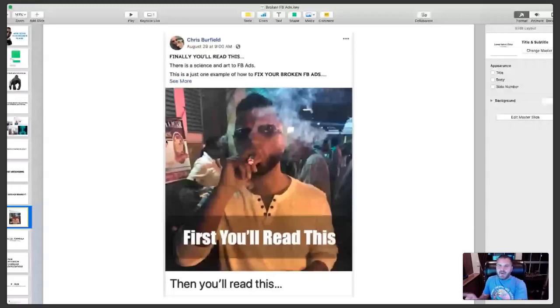But the point is that people are always going to look at your image first. Always. The image needs to grab their attention. And then the next thing they're going to do is read that headline at the bottom. That headline needs to be compelling enough to get them to move to the copy section.